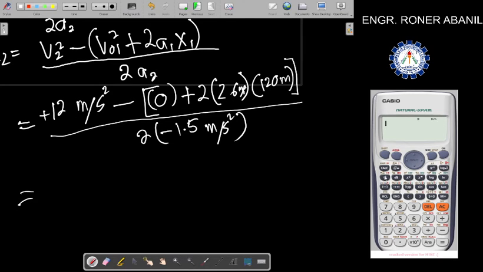Ito magiging 12 minus 0 plus 2.6. 2.6 pala to, no? Multiply by 120. Over 2 plus negative 1.5.